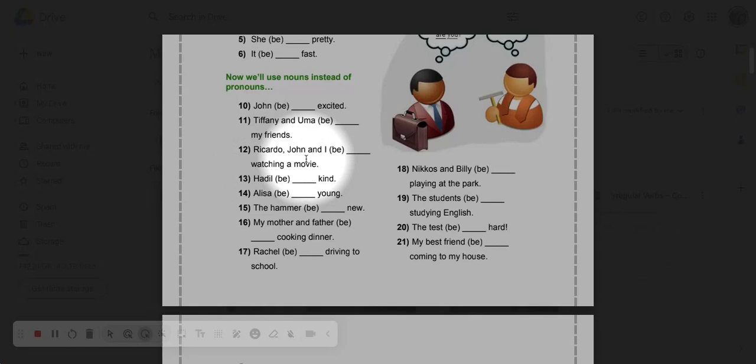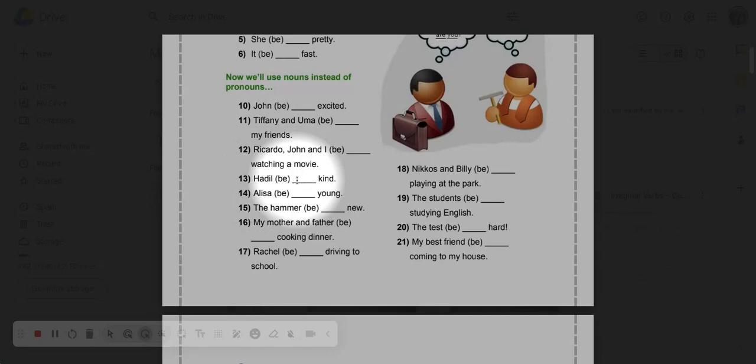The pronoun to replace Ricardo, John, and I would be we. We are watching a movie. Ricardo is watching. John is watching. I am watching. But we together are watching a movie. So Ricardo, John, and I are watching a movie.